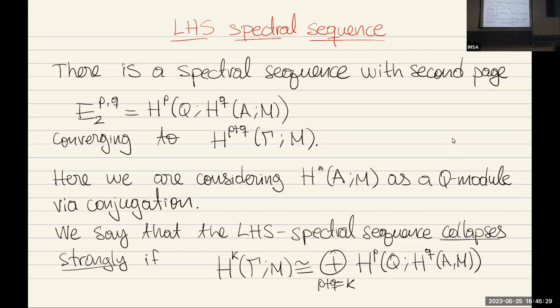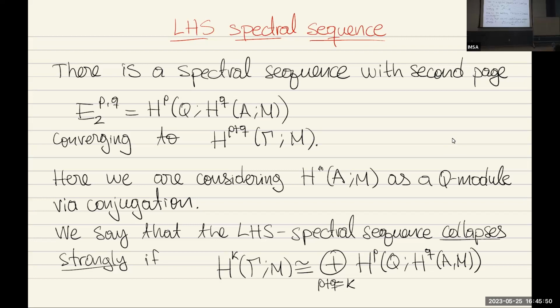Again, have a cochain complex and take the cohomology and so on. And in the limit, we recover a filtration of these cohomology groups. If you could solve the extension problem, you could recover the group cohomology.